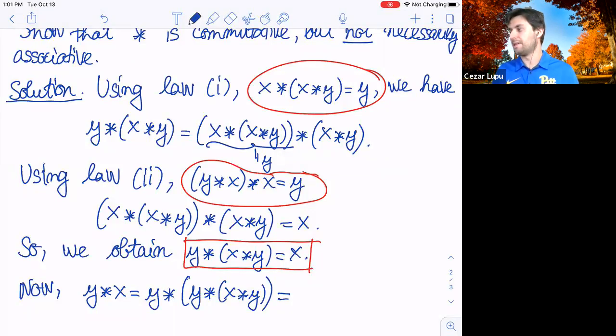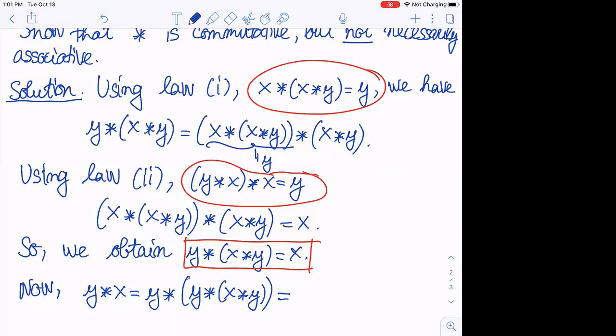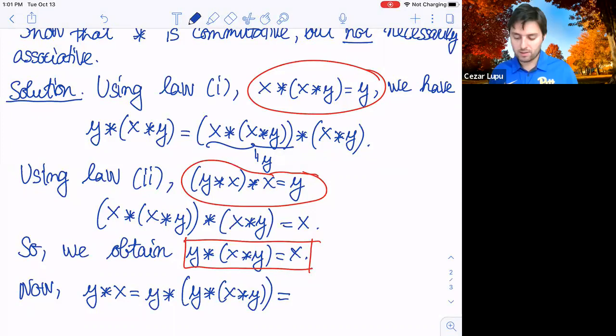Y star X, Y star X, Y star. Yeah, what is this? Look at one of the laws and try to look there.